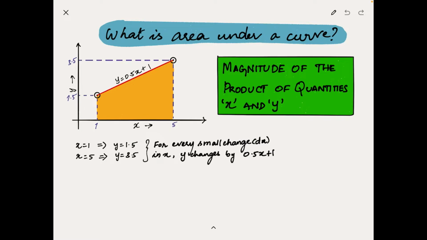So to find the area under the curve, all we need to do is find the magnitude of the product of the function and the small change dx. To do this, we are going to use integrals. In the next section, I will be sharing some basic concepts behind this method of finding area under the curve using integrals, and then we will use integration to find out the magnitude of the area under this curve.